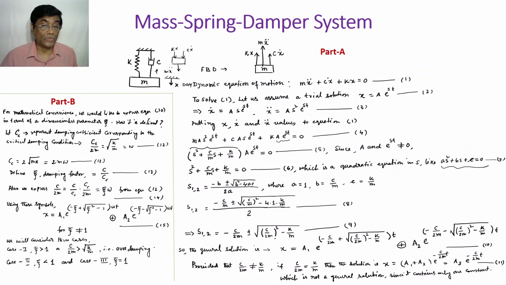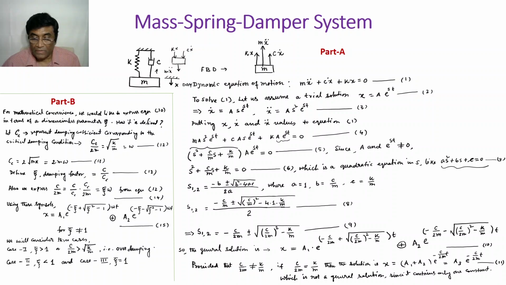So the general solution will be, this is a second order linear differential equation, otherwise I cannot figure out the solution. I have two roots, each root will give a solution, and there will be two constants because it is a second order system.